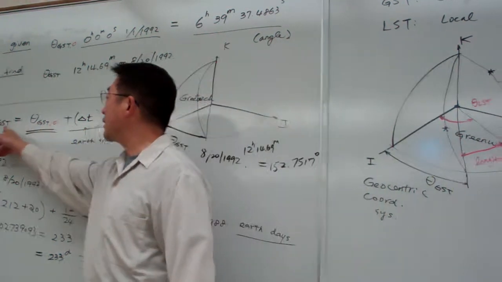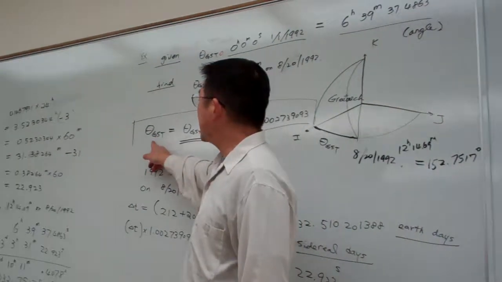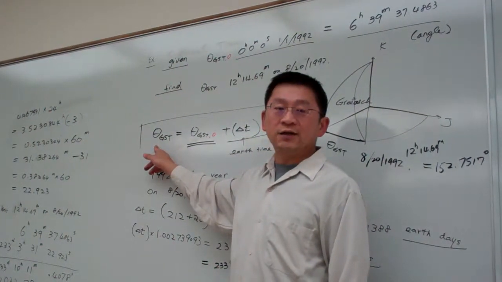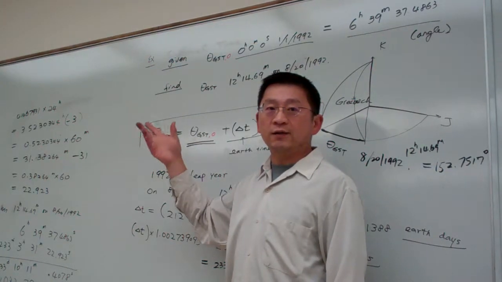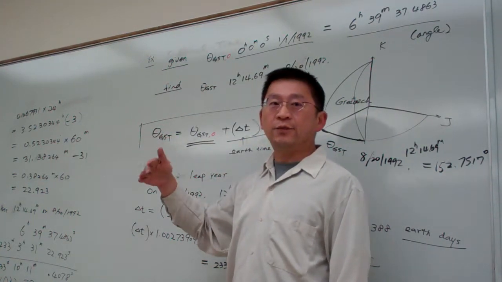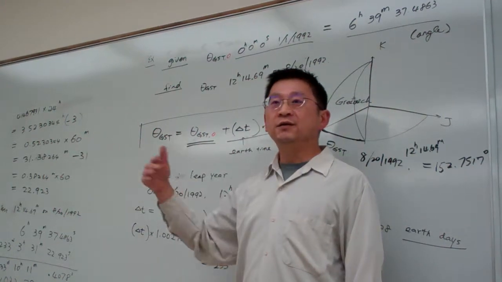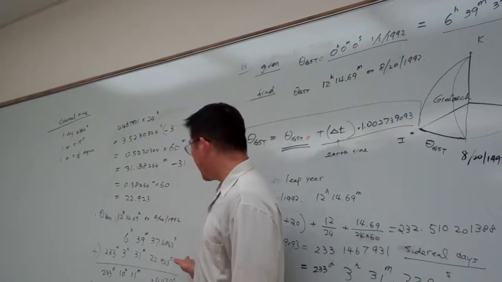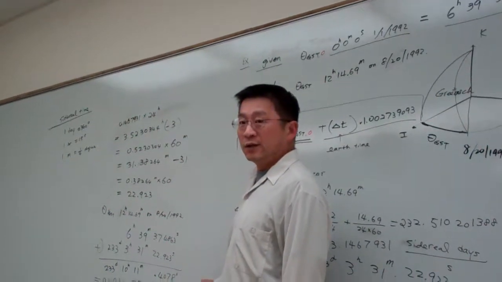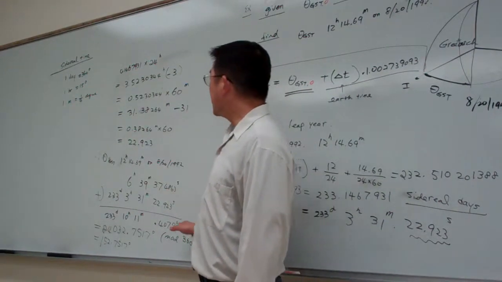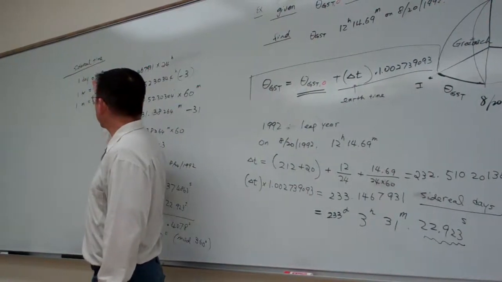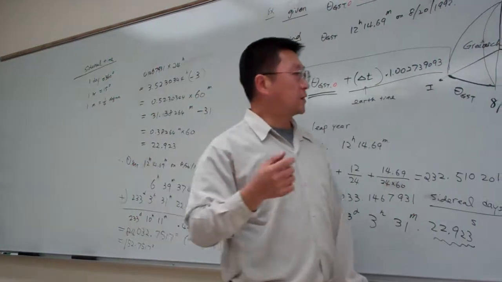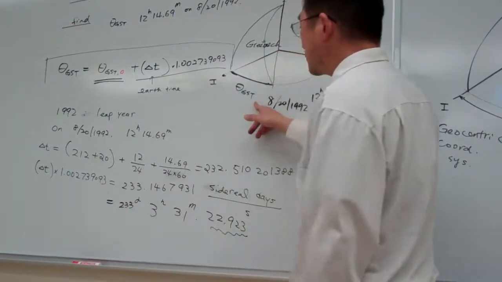So this one here, theta GST, has the unit of sidereal time, and sidereal time is what is observed by an observer outside the Earth. So right now in this calculation we've been calculating based upon the sidereal time system. On the sidereal time system, we can always convert using this angle. So here, that is the one we calculated, about 152.